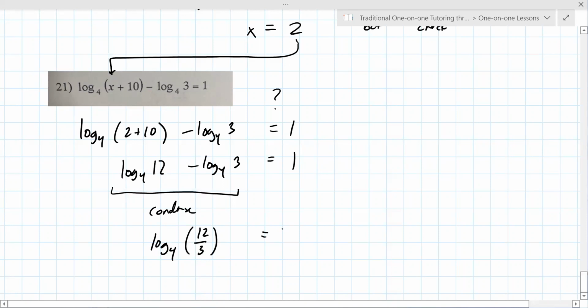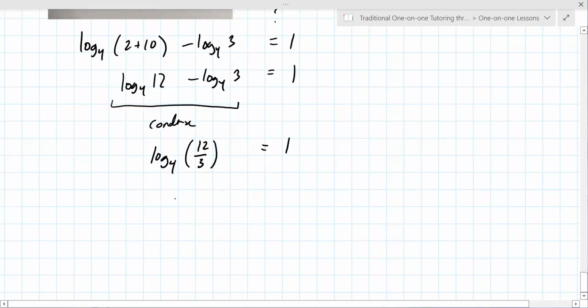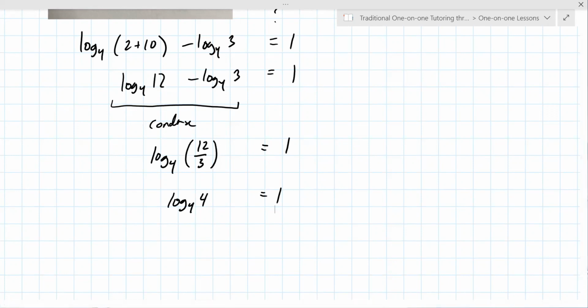Still not 1, but maybe we're getting closer. 12 divided by 3 is 4. Is that 1? Yeah, it is. So that's how you show that your answer is correct. It's not just to say, yeah, it equals 1.